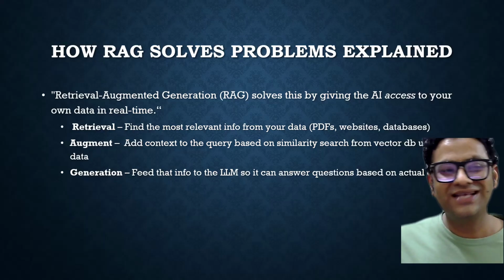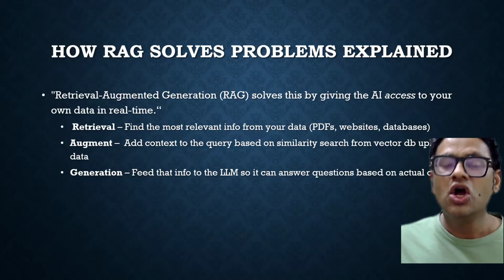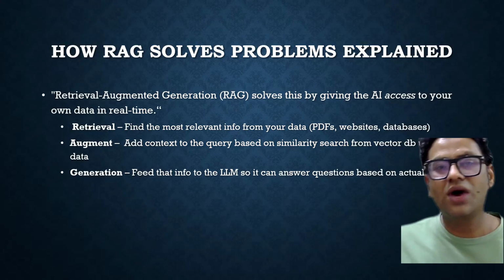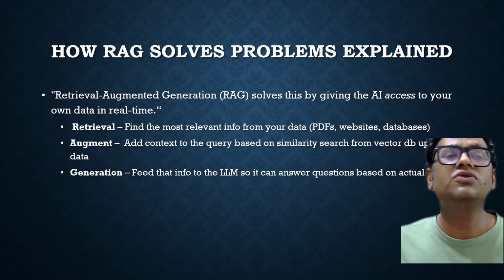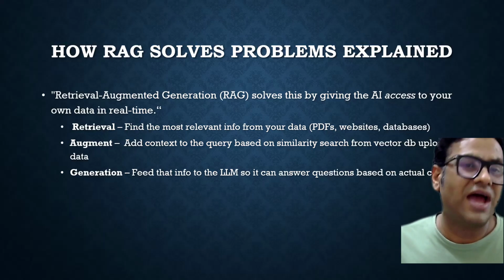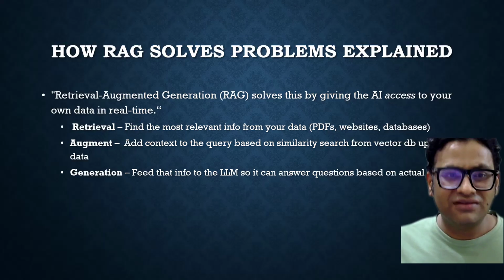That can be static information which we collect, or we can provide access to our internal data repositories like databases, and we can also build in some kind of web search on the fly at runtime.